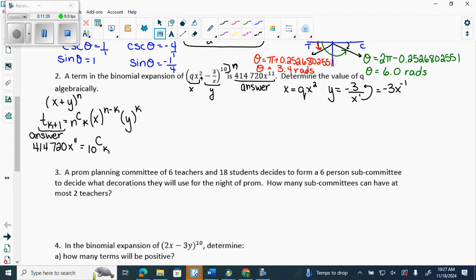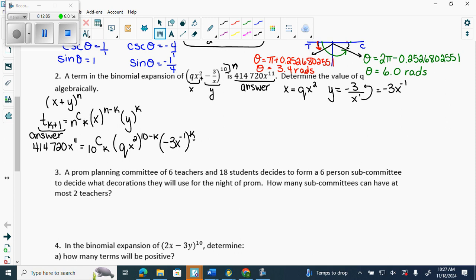X is qx squared to the n minus k. So 10 minus k, that stays. Yeah? And then y is negative 3x to the negative 1 to the k. I'm going to do a little distribution with those exponents first before we do anything else.